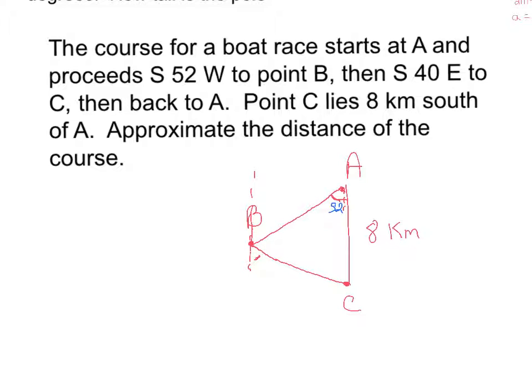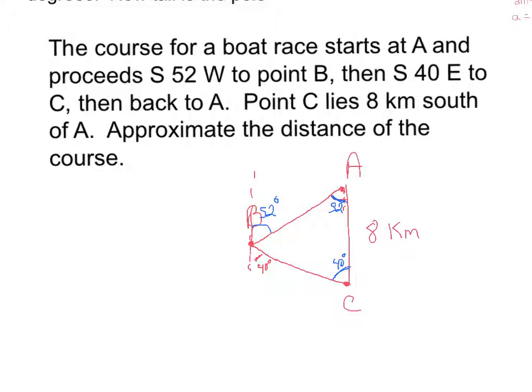So if this angle is 40 degrees, south 40 degrees east, then this angle, alternate interior angles are congruent. This angle is 40 degrees. And we can also assume that because we have parallel lines cut by a transversal, if this is 52, this is 52. That's 52 degrees.